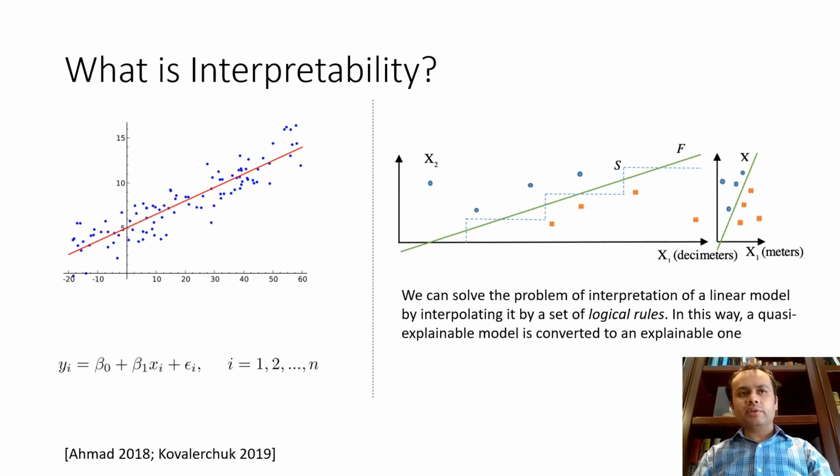Given some data, we have fit a line to this data, and the coefficients associated with the data constitute the explanation of the model, and you can say that it's interpretable. While in reality, the relative importance of these terms may or may not be directly comparable.